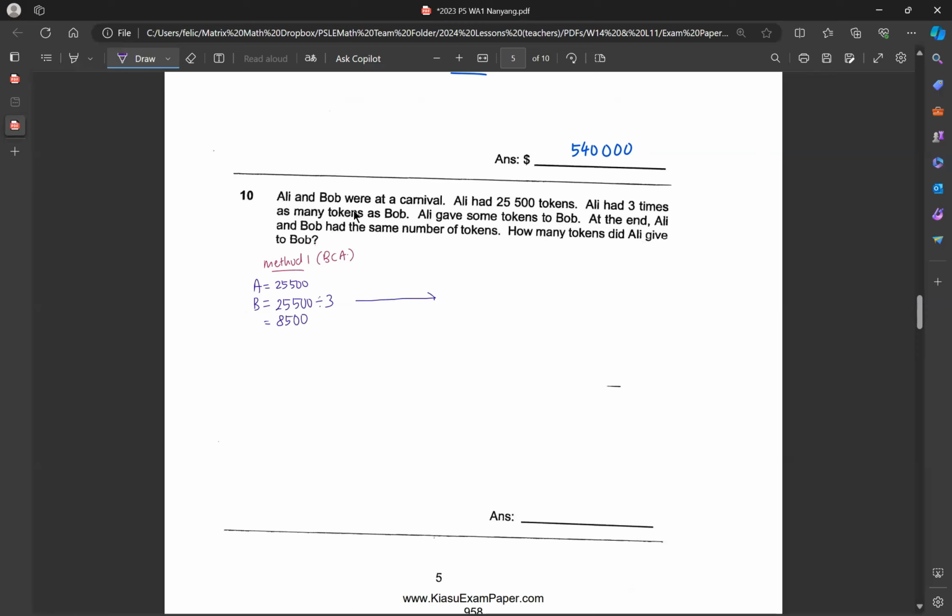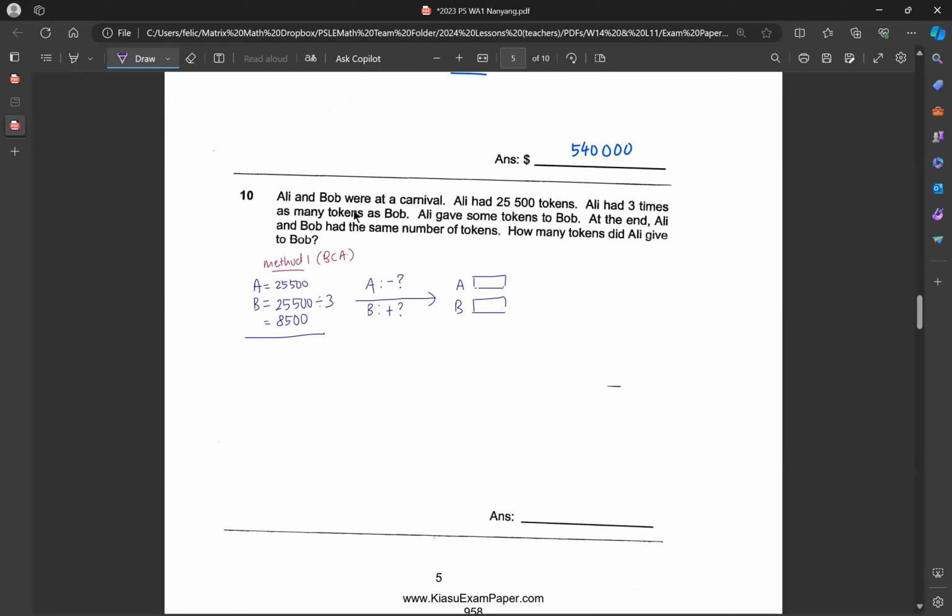Now let's go on to show the change. Ali is giving some to Bob. I don't know how many he gives, so minus question mark. Bob is receiving, so plus question mark. At the end, both of them have the same amount, so just draw a 1 unit model for each of them. We agreed that the total between both of them never changes because this is an internal transfer. Since the total is unchanged, I can work out the total here.